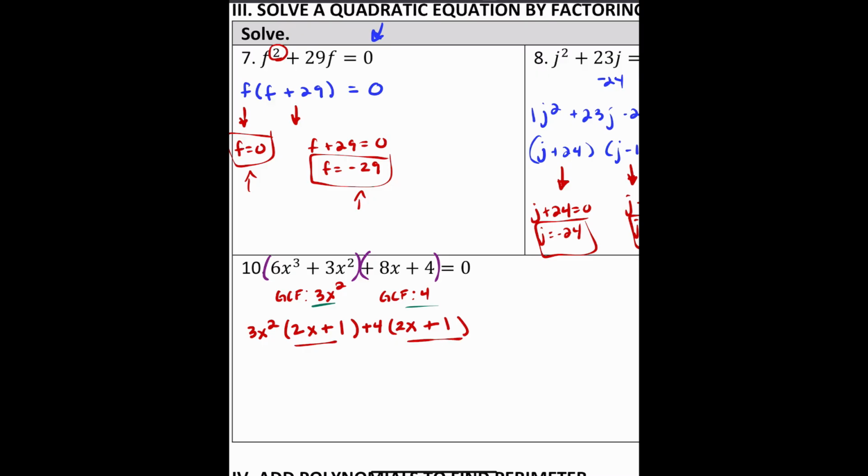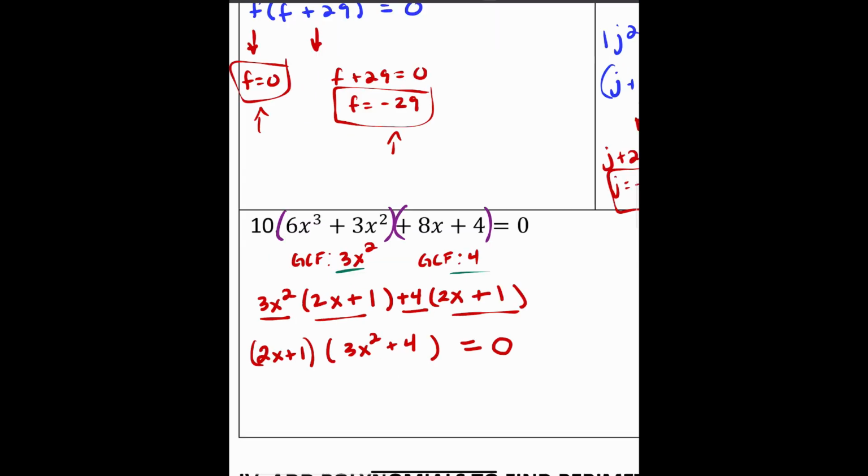So now what I'm going to do is take the GCF again. So notice that we have the same parentheses, right? So 2x plus 1 and 2x plus 1. So if I want to factor this thing out, I'm going to write 2x plus 1, my remainder, and then I can go ahead and put the leftovers inside the parentheses. Okay, and remember we're setting this equal to 0.